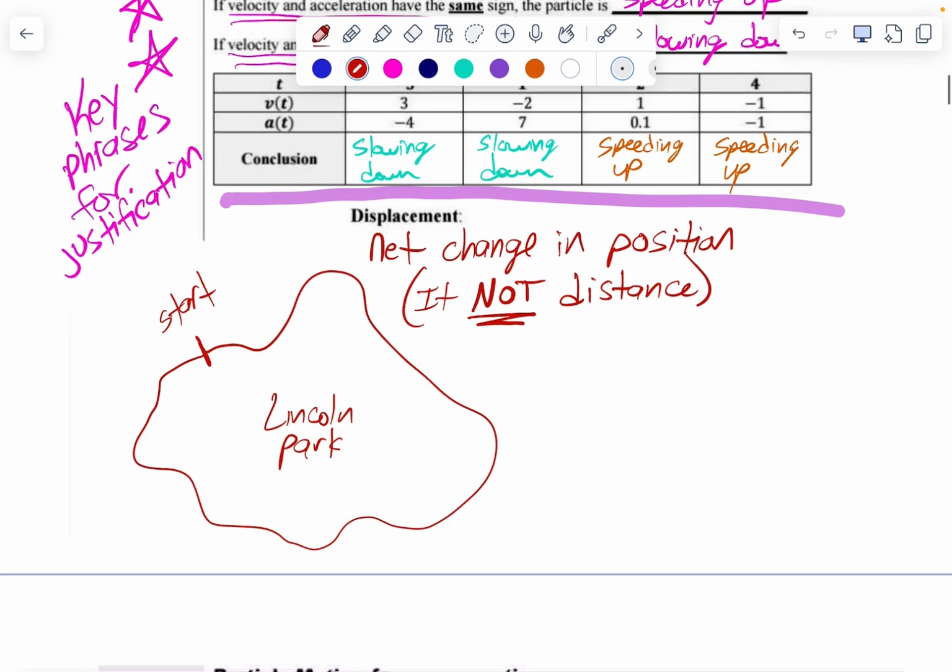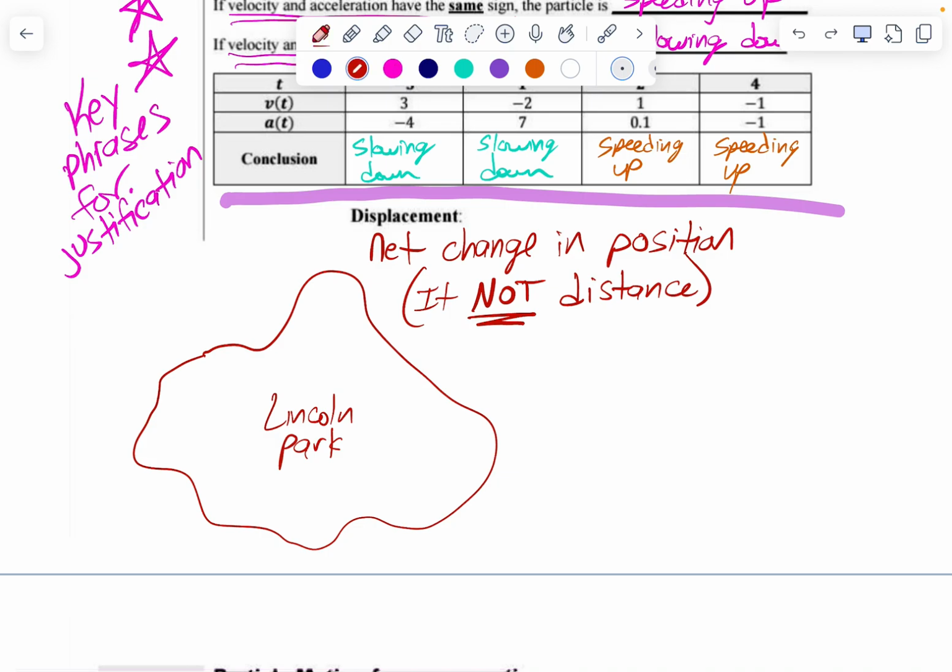Is that like absolute value? Let's say you run 27 miles. Is the displacement 27, or is it negative? Let me move the starting line.